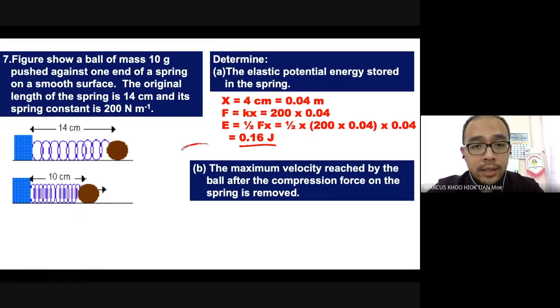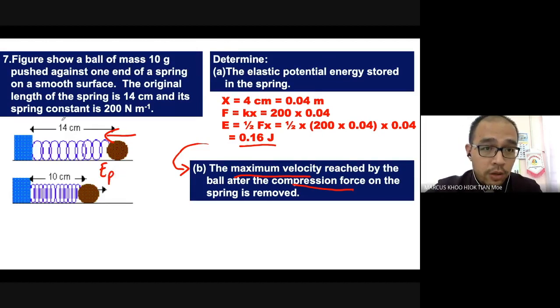And then suddenly question B is to calculate the maximum velocity after the compression force on the spring is removed. This requires us to understand something that you discussed in Form 3. When you push this in, you're going to get all this elastic potential energy. But when you release it, all the elastic potential energy will change to what kind of energy?